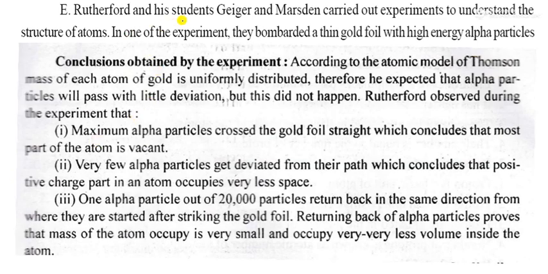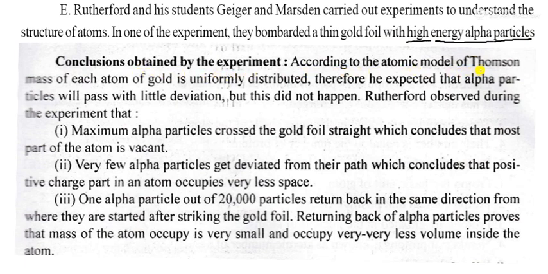So Rutherford and his students Geiger and Marsden carried out the experiment to understand the structure of the atom. In one of the experiments, they bombarded a thin gold foil with high energy alpha particles. This is high energy alpha particles है, ध्यान रखना इसको. Now what is the conclusion he obtained by the experiment?